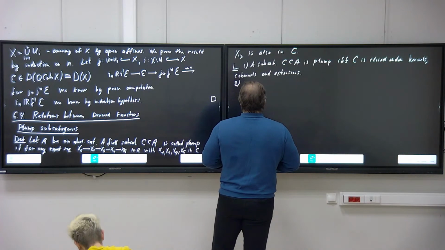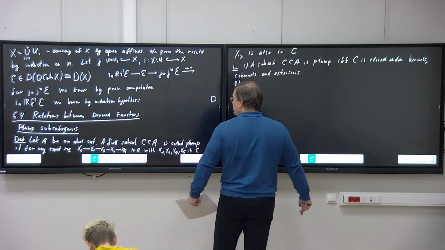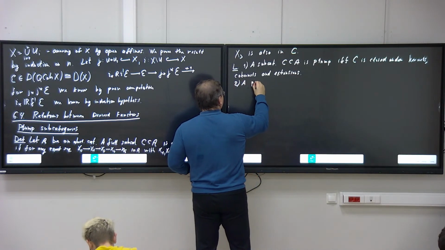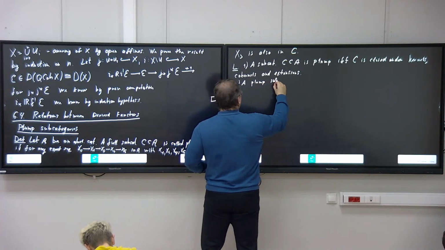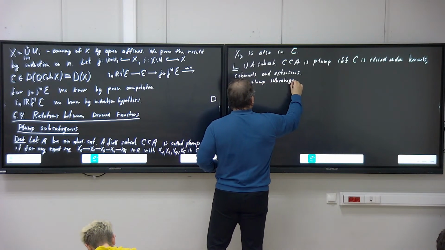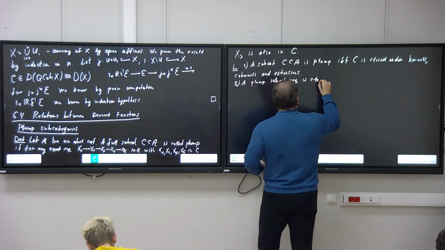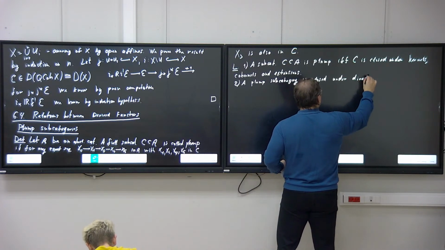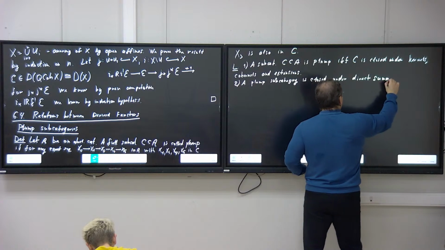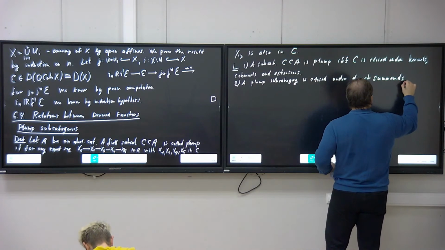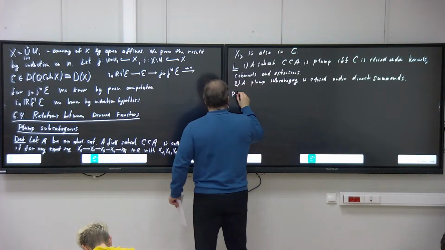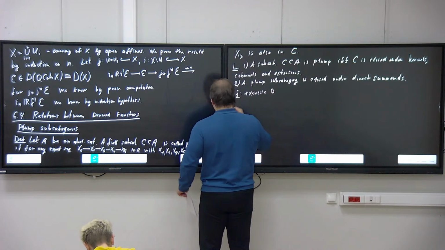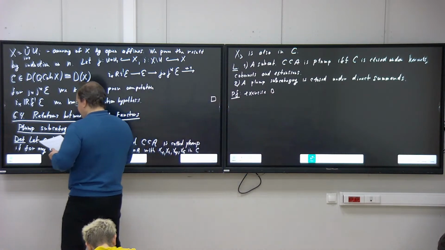The second simple observation that we will need in later proofs is that a plump subcategory is closed under direct summands. So I'm leaving this as an exercise, not a very hard one.